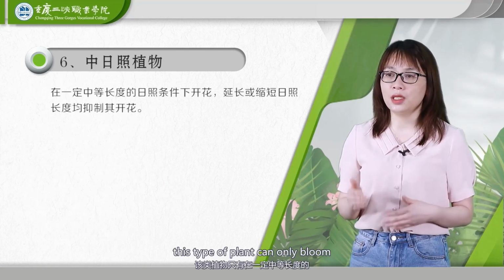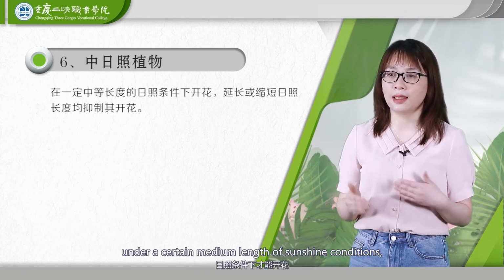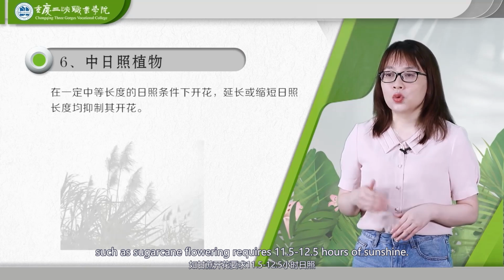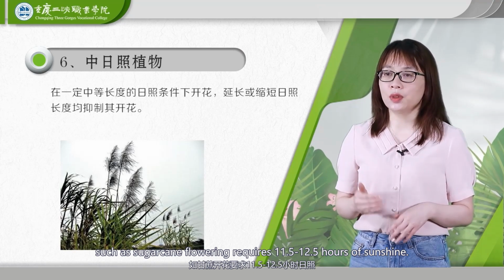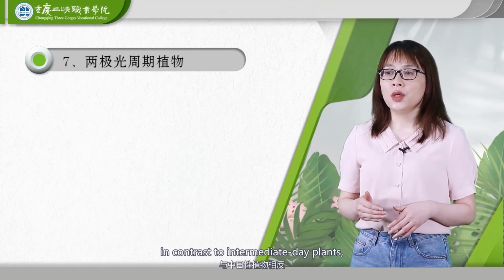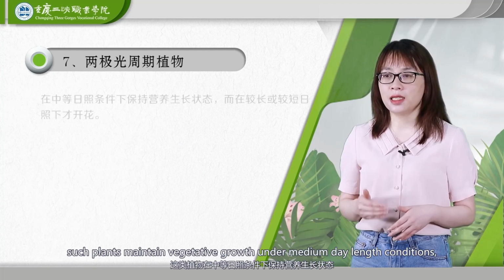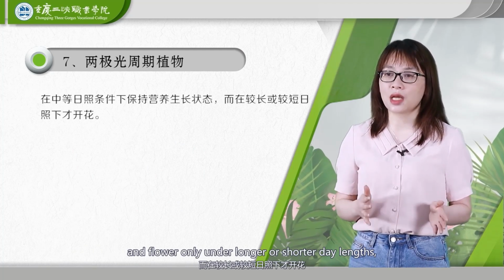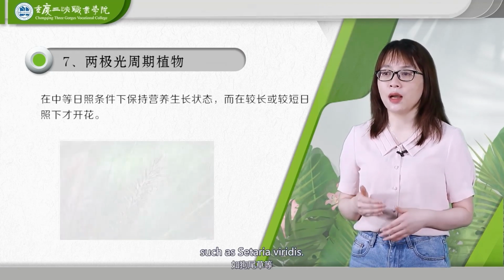This type of plant can only bloom under a certain medium length of sunshine conditions. Extending or shortening the day length can inhibit its flowering, such as sugarcane, whose flowering requires 11.5 to 12.5 hours of sunshine. 7. Ambiphotoperiodic plants. In contrast to intermediate day plants, such plants maintain vegetative growth under medium day length conditions, and flower only under longer or shorter day lengths, such as Setaria viridis.